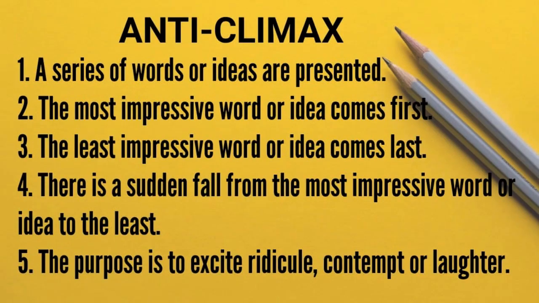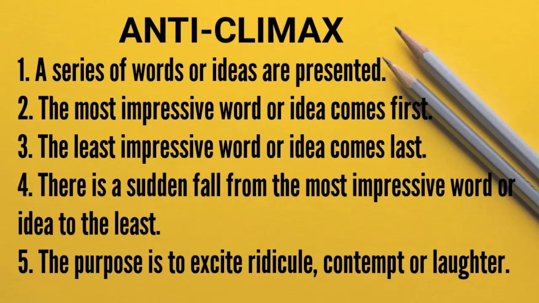So how will you ascertain, how will you find out whether this is an anticlimax, okay? How will you find out this is an anticlimax? So you need to know the chief characteristics, right, the essential features of the anticlimax, okay.